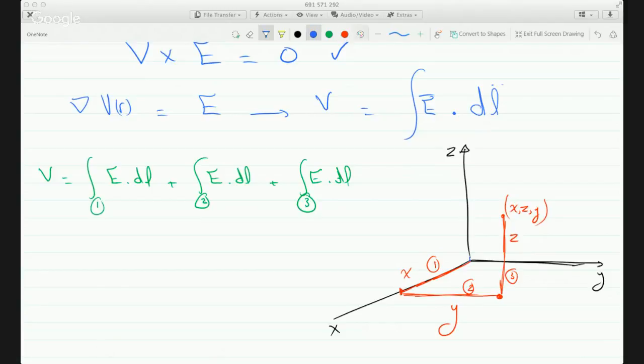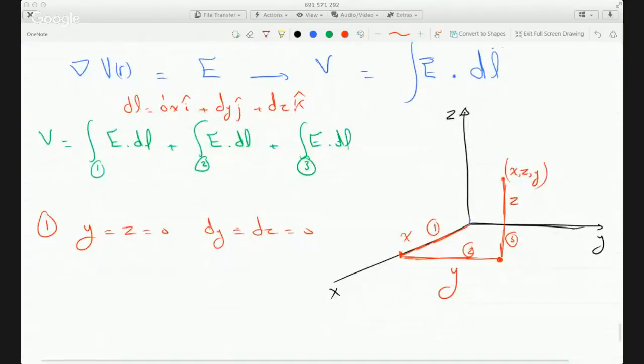And so if we start with path 1, on path 1 we know that y equals z equals 0. So dy equals dz equals 0, because we know that dl is just dx in the i plus dy in the j plus dz in the k. And we know that x is x and dx is 1.